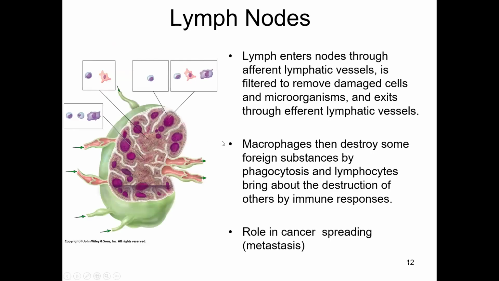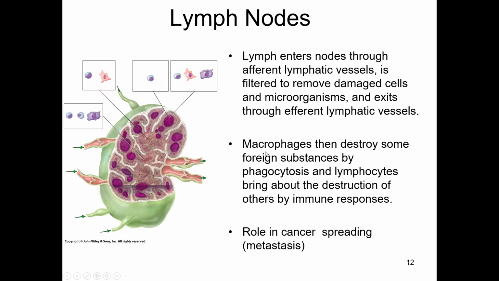Looking into a lymph node, you can see the incoming lymph very slowly flowing into the lymph node, and the efferent lymphatic vessels allow lymph to flow out. While inside a lymph node, individual cells and tissue debris can make contact with the cells inside the lymph node, and macrophages will be digesting, clearing them out.